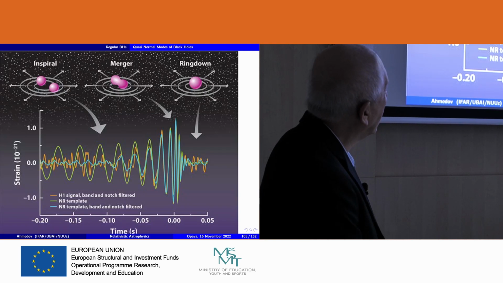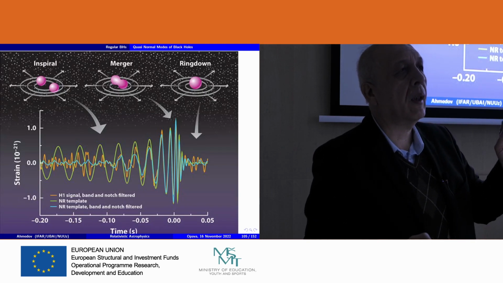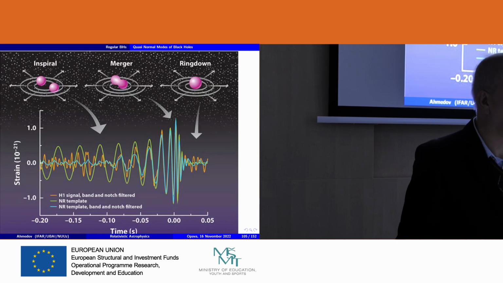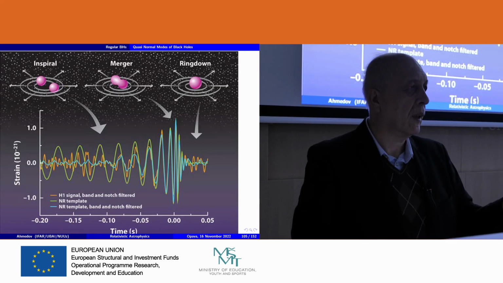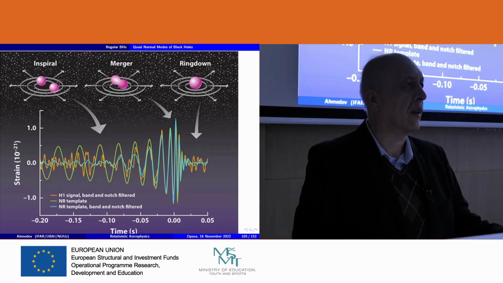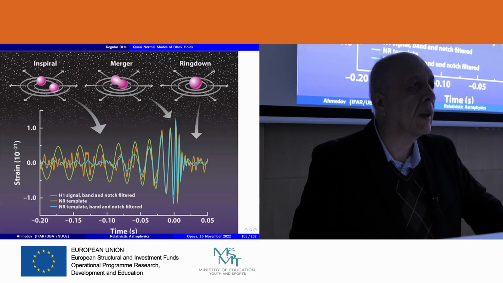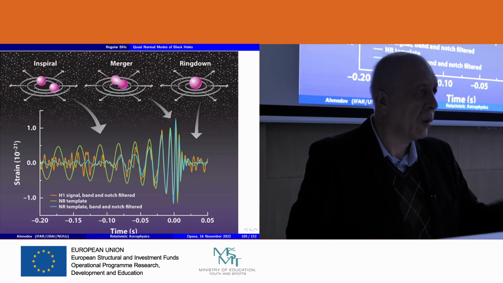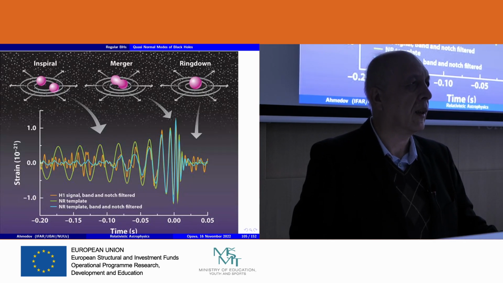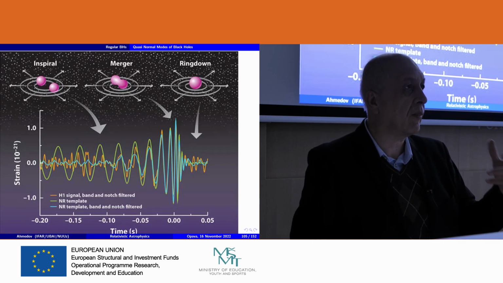When we have a black hole merger, the gravitational wave signal is less than 1 second. For example, for the first merger of two black holes, it was 0.43 seconds.